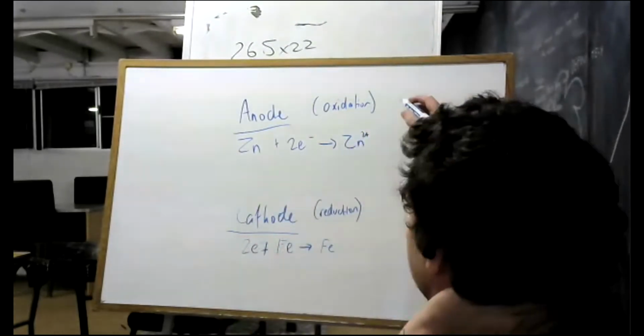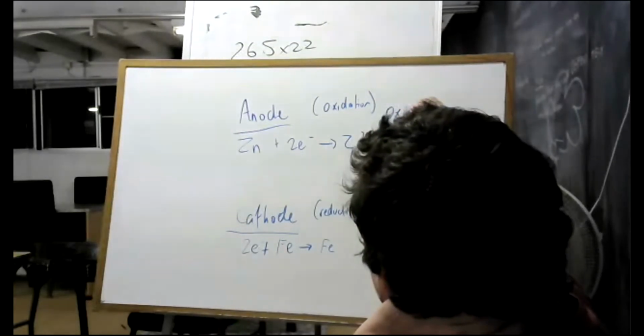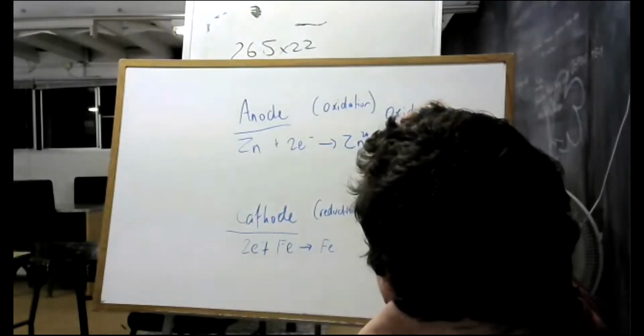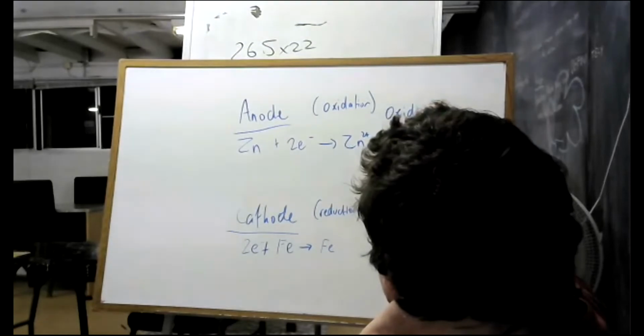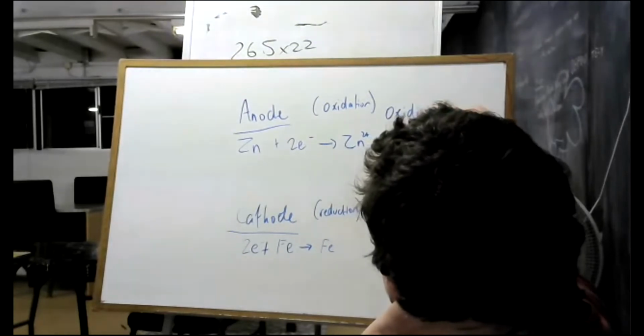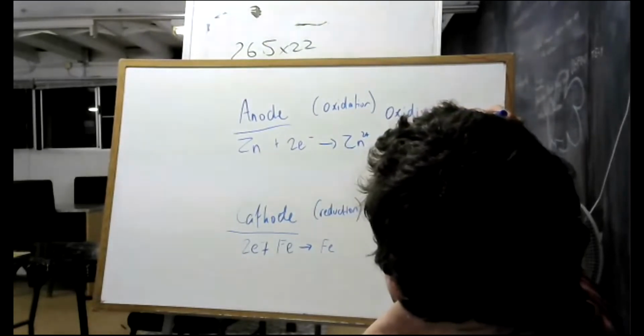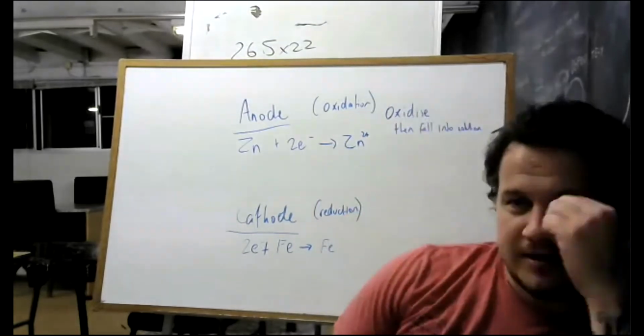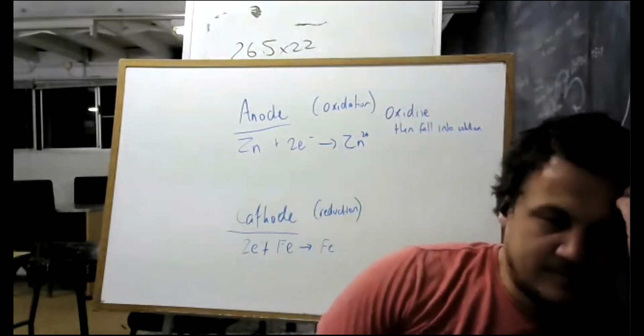Because these zinc atoms oxidize, then fall into the solution. Unoxidized zinc is really shiny. Looks really nice, actually.